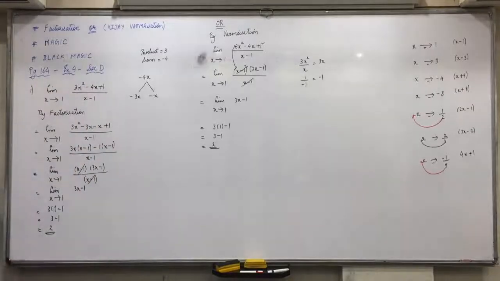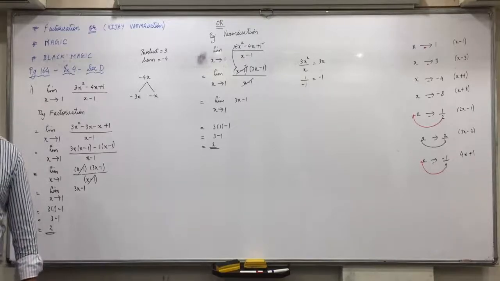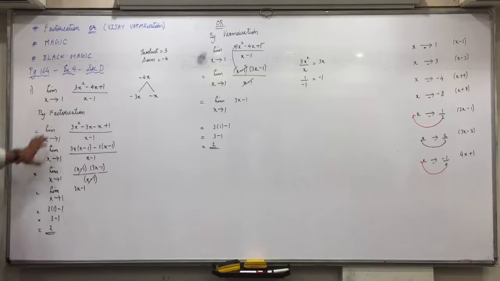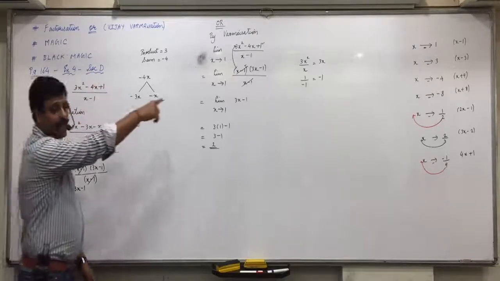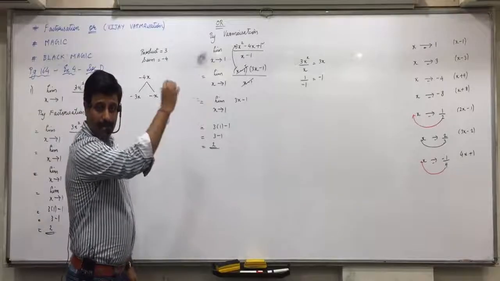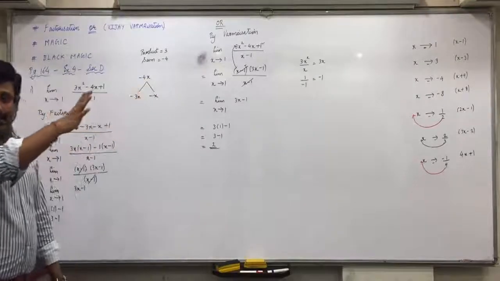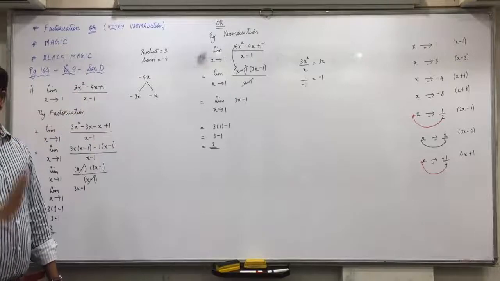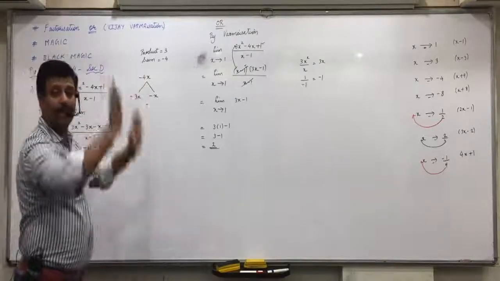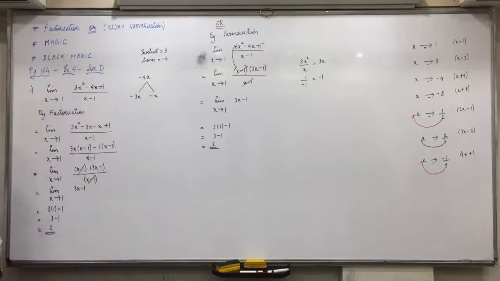Okay. And one more thing. In case in your school the teacher insists that I want the factorization method, means I want these 2 steps in between, then leave 2 lines and write this, and go reverse. Multiply and open the brackets. You'll get the 2 factors.